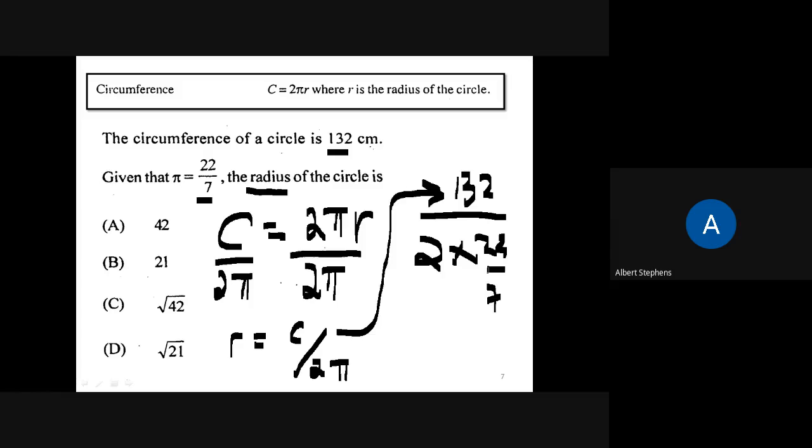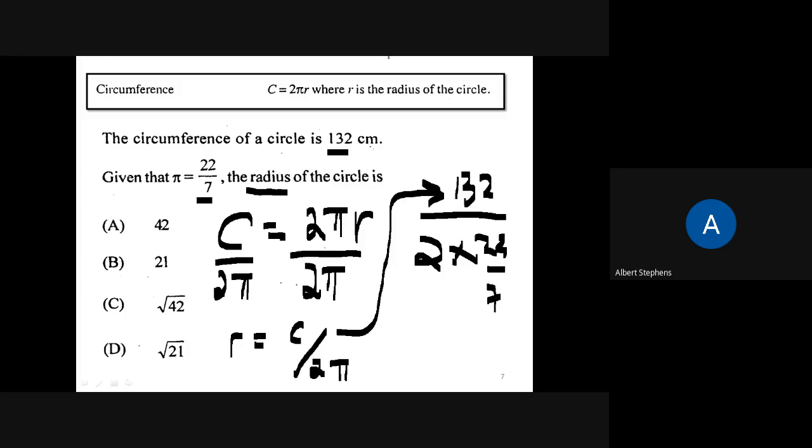If you punch in everything all at once, you don't get it. I put 132 divided by open bracket 2 multiplied by 22 over 7.